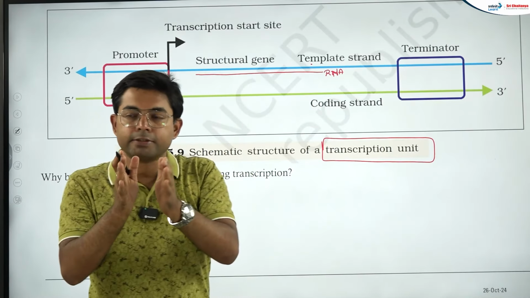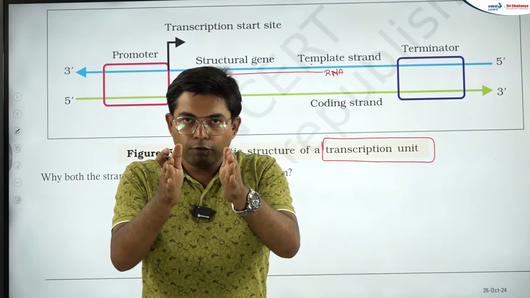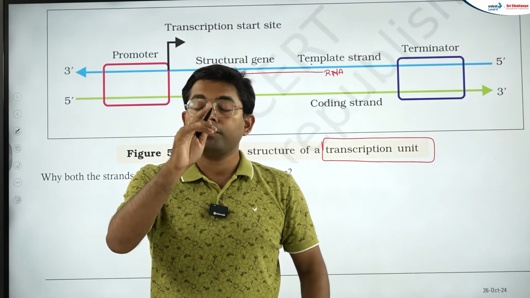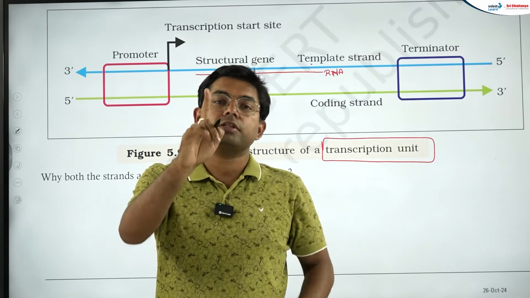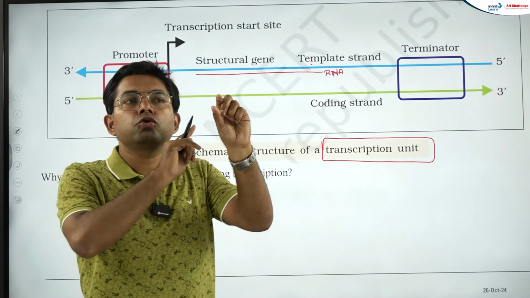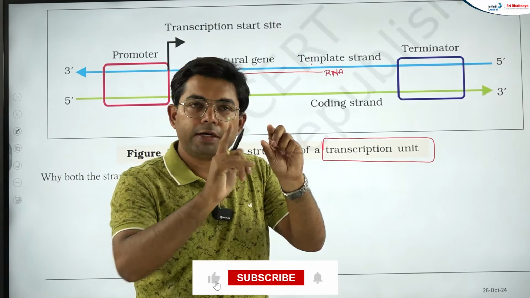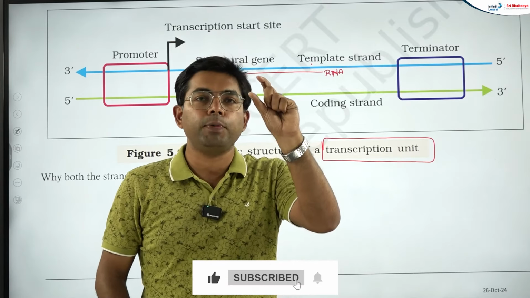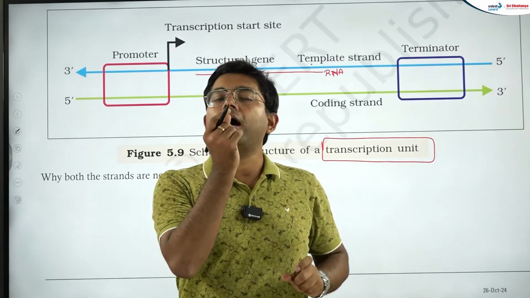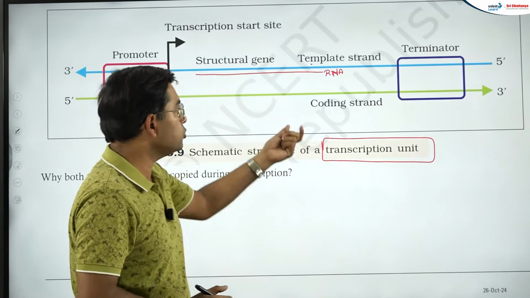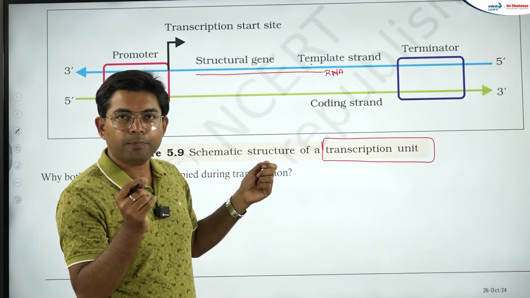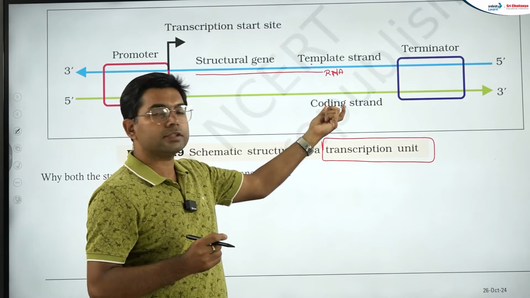So understand this, from the 2 strands of DNA you synthesize 1 RNA strand. So the strand which you use to form complementary RNA is called the template strand, and since your RNA code will match mostly with the coding strand except the uracil part, this is called the coding strand.